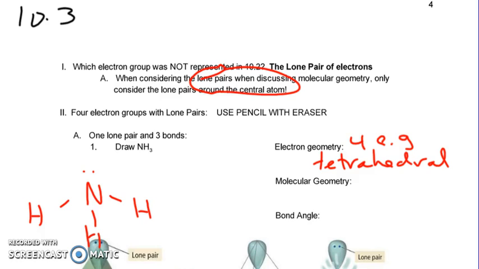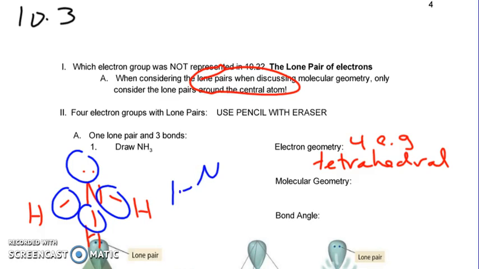So I have 4 electron groups: 1, 2, 3, 4. But for the lone pair, there's no atom here. It's just 2 little itty bitty electrons. So what am I really seeing is this. And this is what our molecular geometry is, and this will be our trigonal pyramidal.